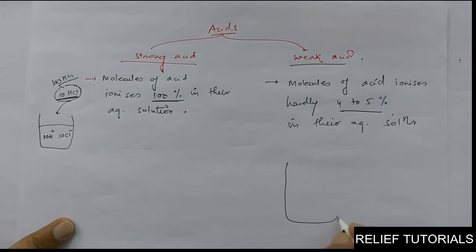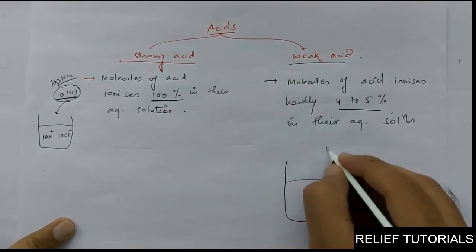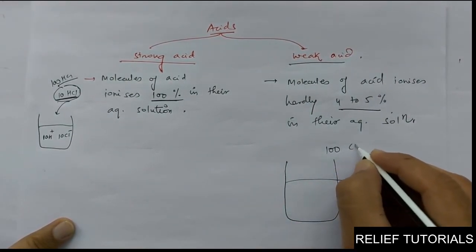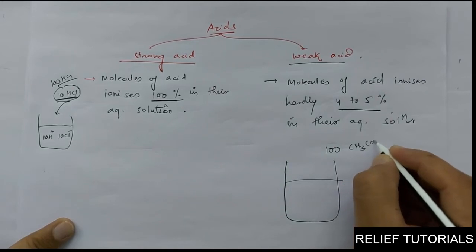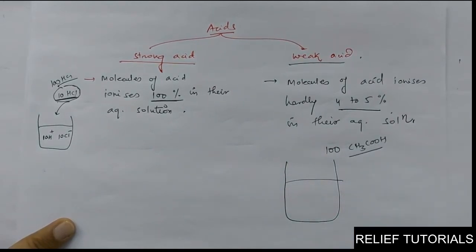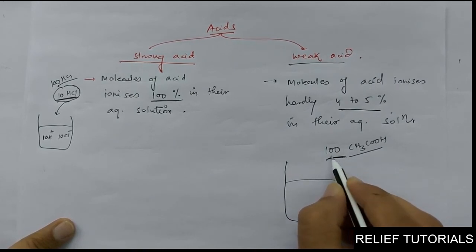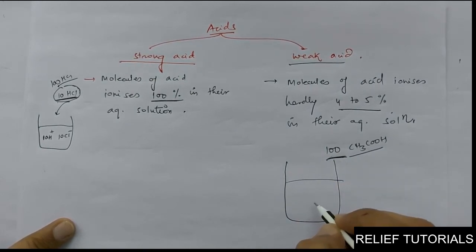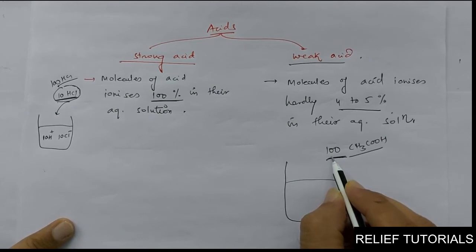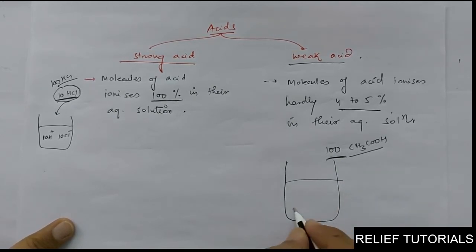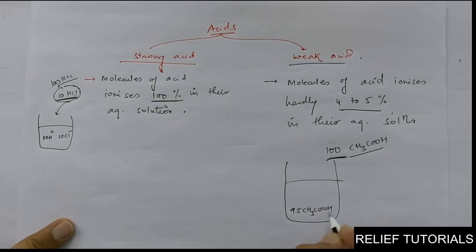Means if it is water and you are adding 100 molecules of an acid called CH3COOH, acetic acid, all 100 will not get ionized. Out of this 100, hardly 4 or 5 molecules get ionized, and the remaining 95 molecules remain as they are, unionized.